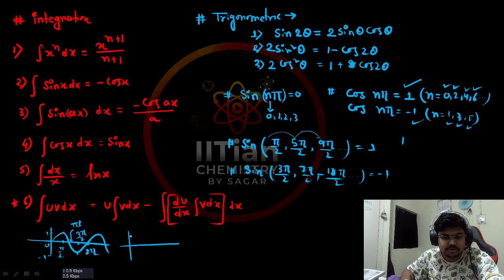And similarly the cos graph propagates like this, y equal to cos x. This is basically 0, this is 0, this is plus 1, this is minus 1, right? The cos value is plus 1 when n equal to 0.